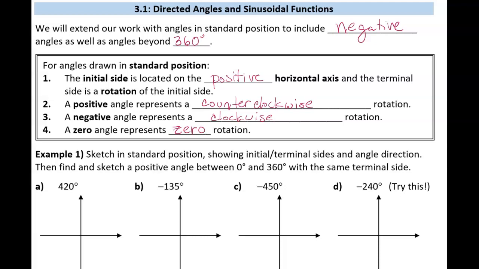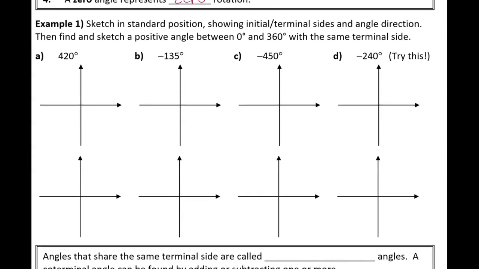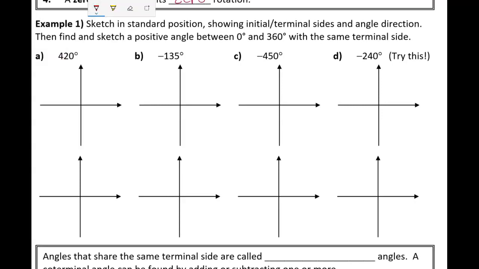In example 1, we're going to look at some angles that are beyond that normal 0 to 360 range that we've used in the past. We're going to sketch an angle that measures 420 degrees in standard position.